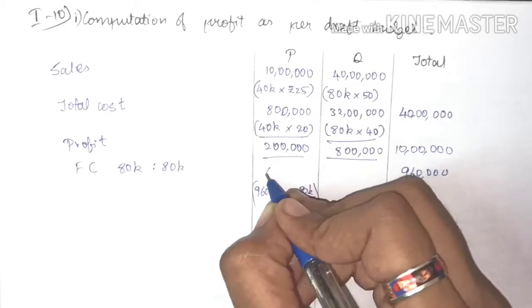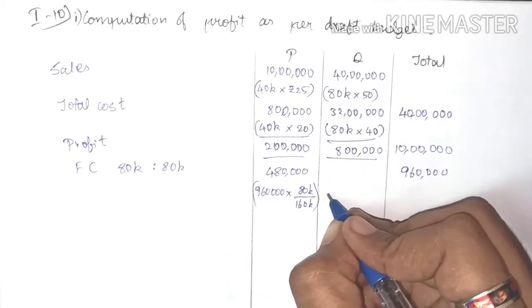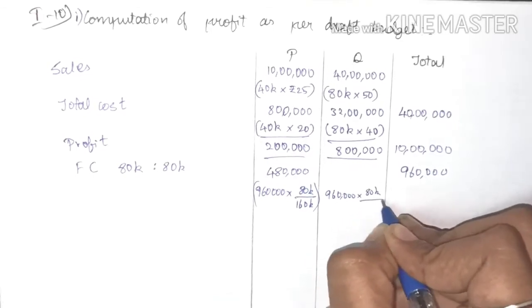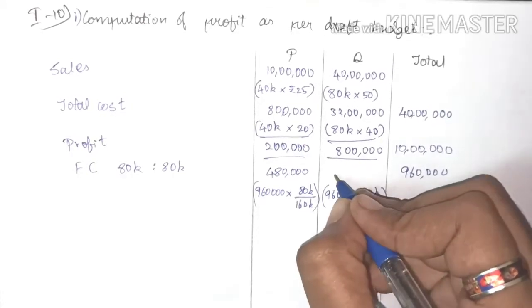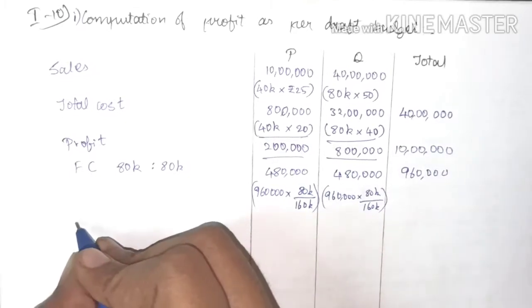You will get 4,80,000. Similarly, 9,60,000 into 80,000 divided by 160,000, 4,80,000.